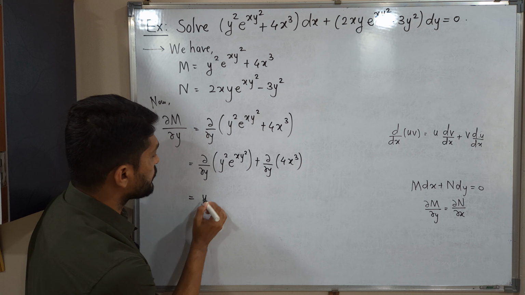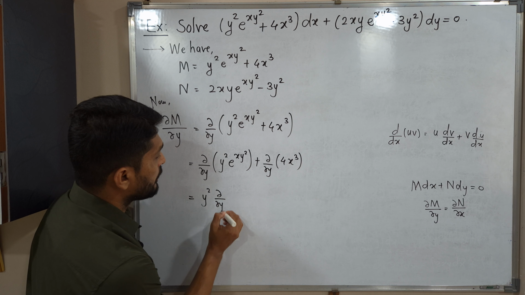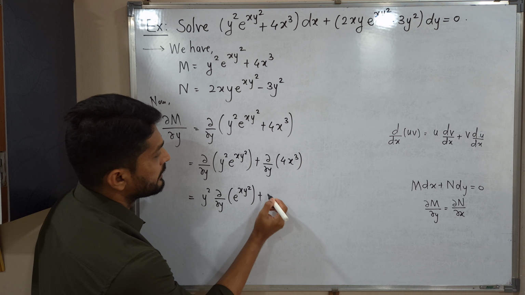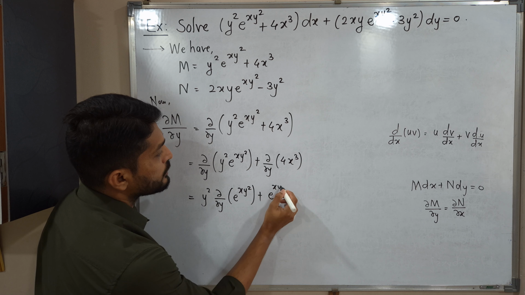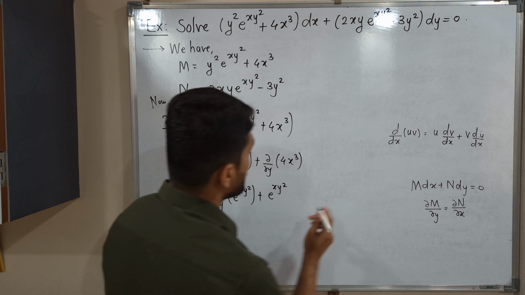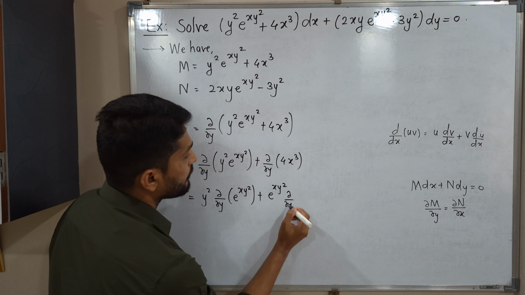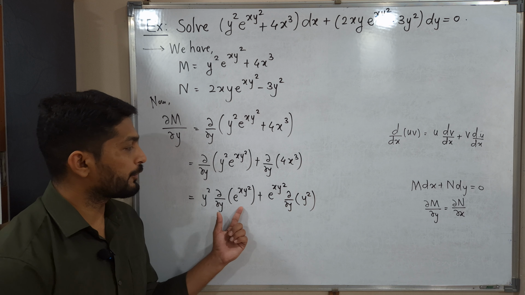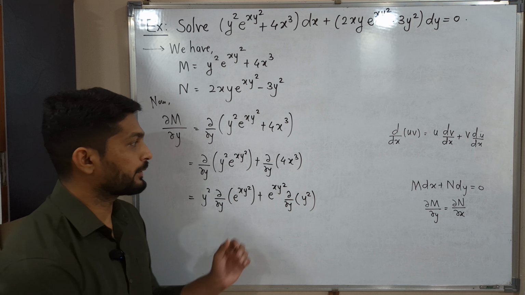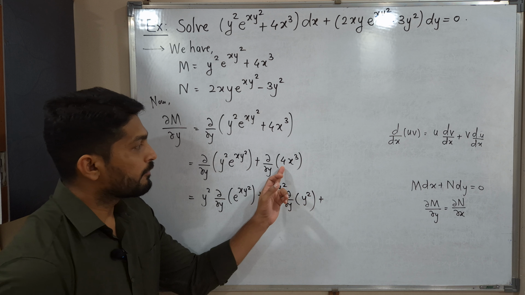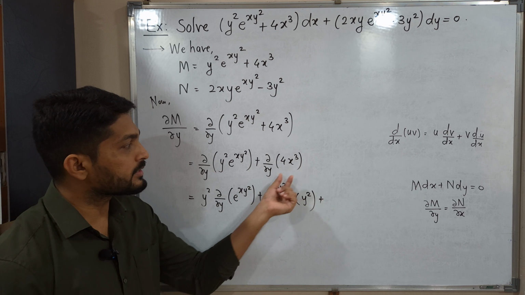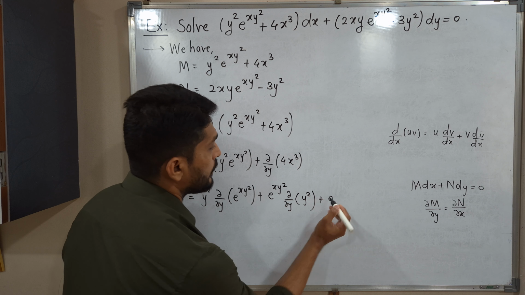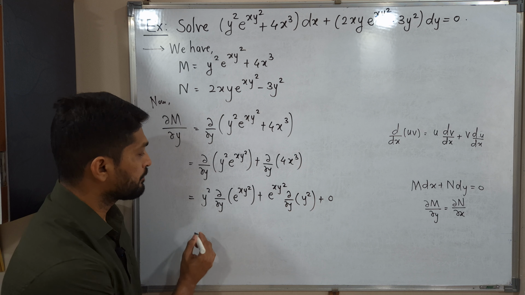Let me write y square as it is, times the derivative of e raised to xy square, plus e raised to xy square as it is, times the derivative of the first term. Plus 4x cube, which as I told you is constant since we are differentiating with respect to y, and its derivative is 0. Now we focus on just this part.